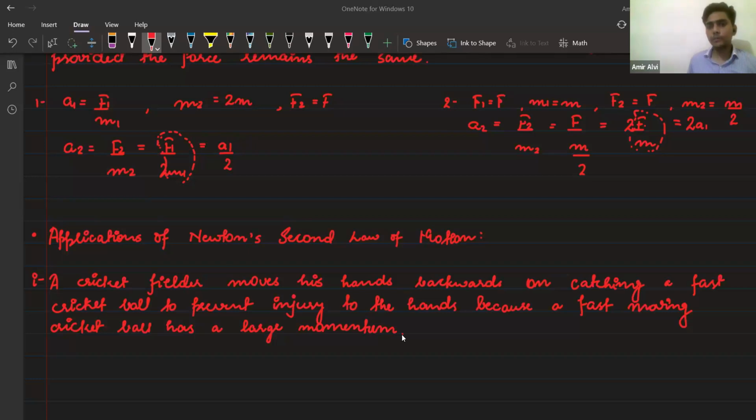So when the ball is moving very fast, it has large momentum, and to prevent any injury to the hands, we move our hands in the backward direction. Clear, everyone?